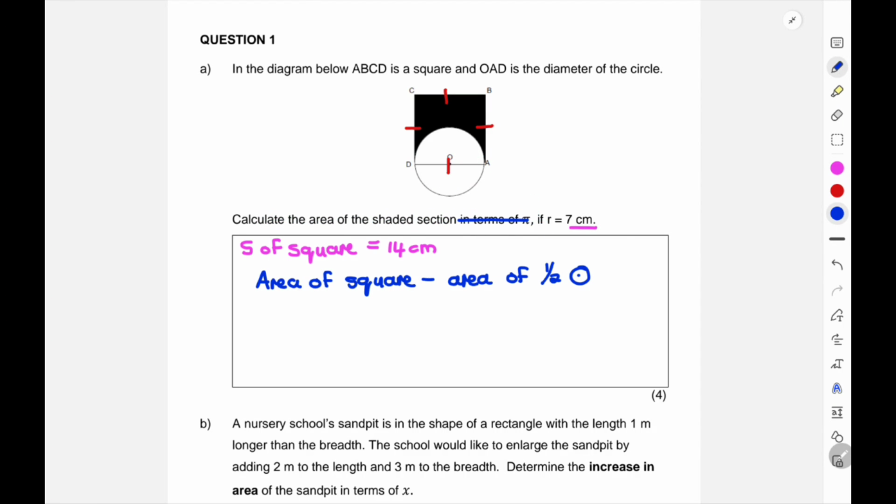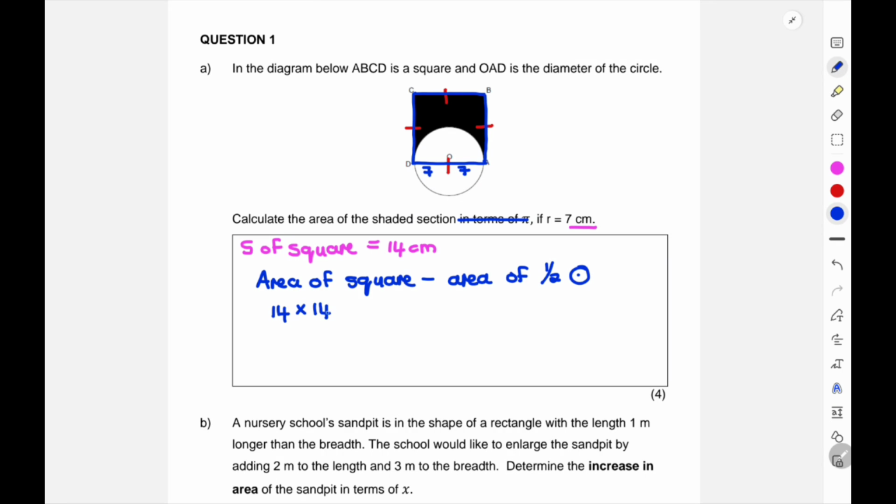I wrote there in terms of pi, but I don't know why, so I took that out. If the radius is 7. So do you agree if the radius is 7, the diameter will be 14, 7 plus 7, which makes each side of the square 14 centimeters. I hope you could see that.